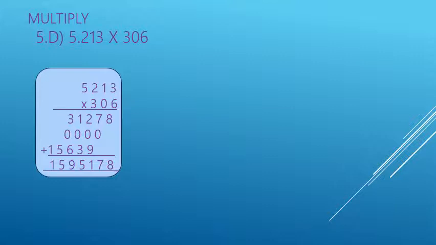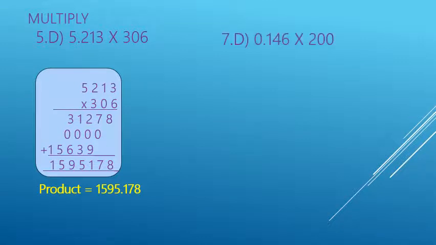First of all, we will note the number of decimal places in 5.213, which is 3. So we will put the decimal point after 3 digits from the right hand side in the product. Therefore, our answer is 1595.178.